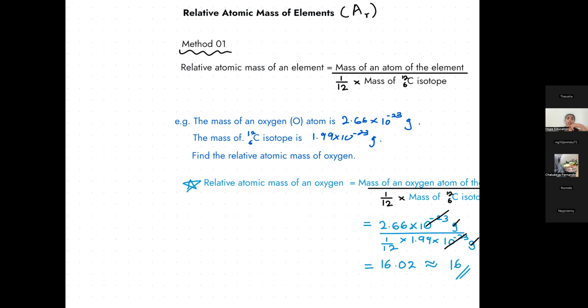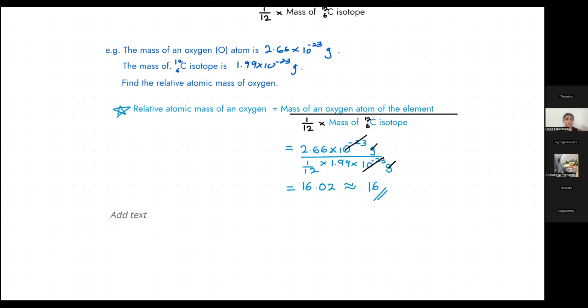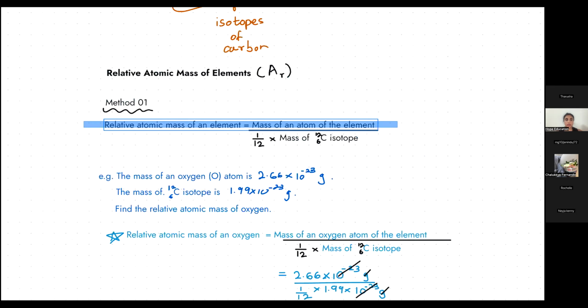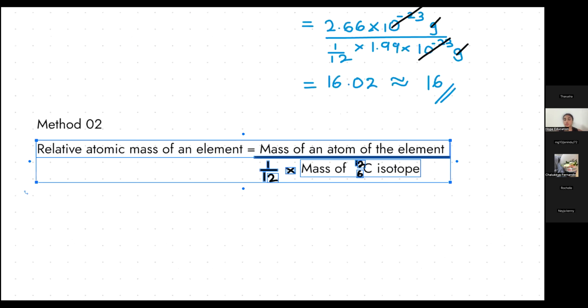All right. Let's move on to method 2. Don't write anything. Now listen first. I'm going to copy paste the same formula from method 1. And this is what I'm going to do.